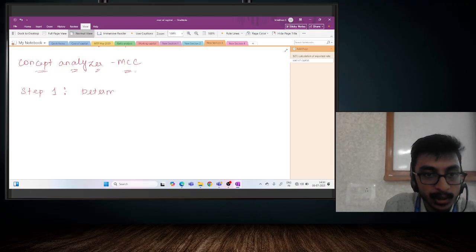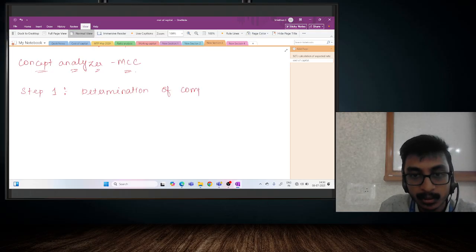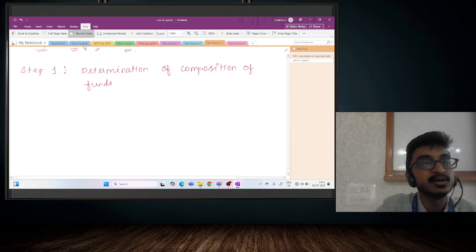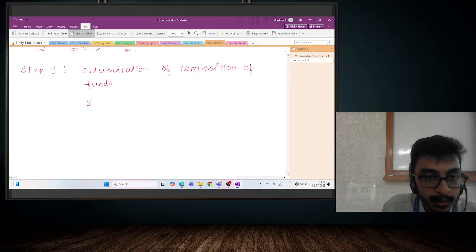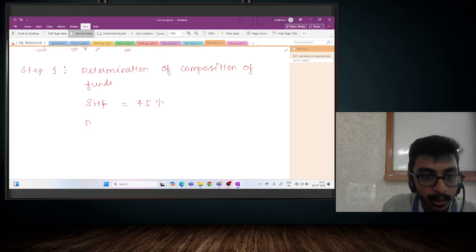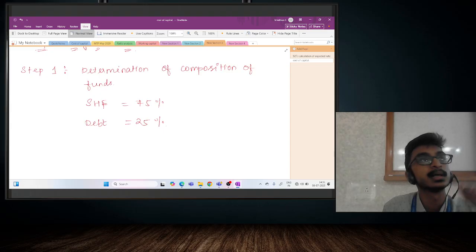So step 1, determination of composition of funds or weights. So the first step is already solved in the question. Shareholders fund is how many percentage? 75%. And debt fund is 25%. Clear?